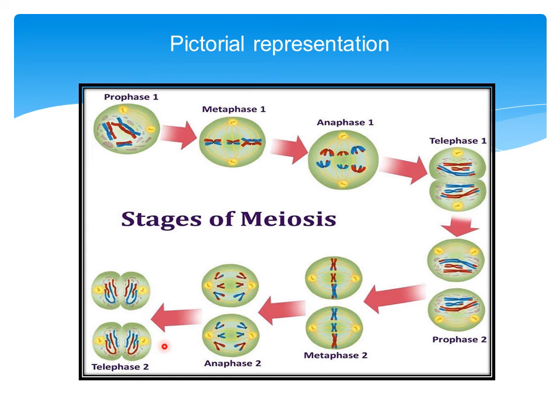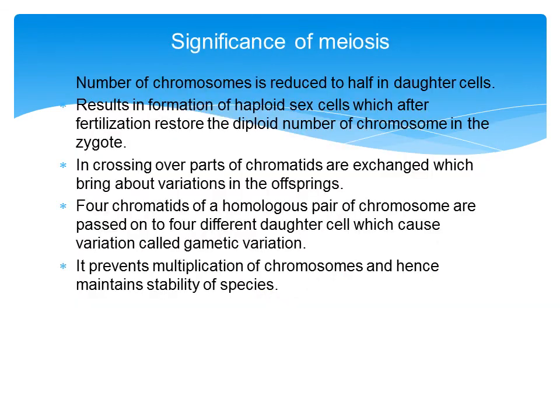Now we should learn the significance or importance of meiosis. In this last slide we will learn about the significance of meiosis. We have seen the number of chromosomes is reduced to half in daughter cells.